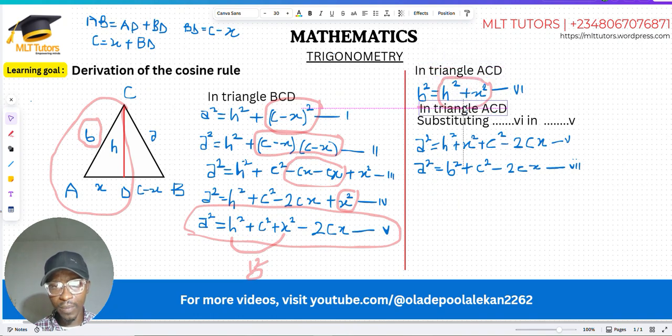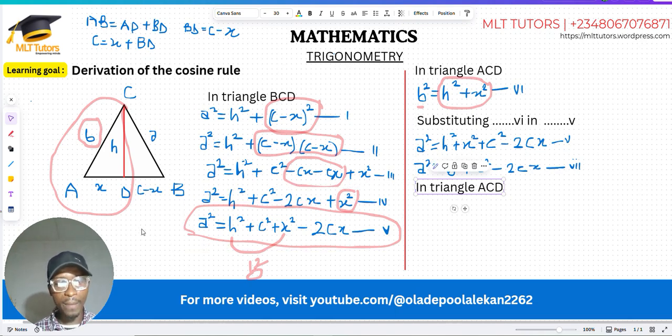So we are going back again to triangle ACD, and this time we are applying SOHCAHTOA.